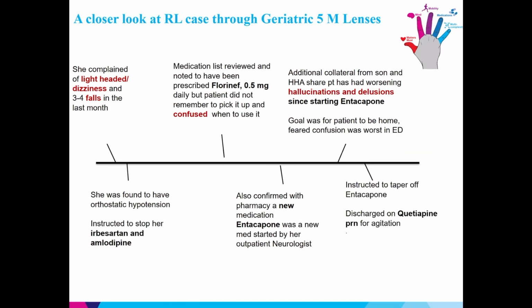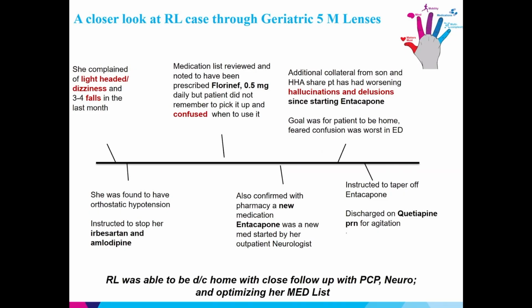As part of the comprehensive geriatric assessment that's done quickly in the emergency room and getting this additional collateral, the patient is instructed to taper off this new medication, and she's actually discharged with quetiapine for agitation as needed. This patient was able to be discharged from the emergency room with a plan for close follow-up with her primary care provider, her neurologist, and after optimization of her medication list.